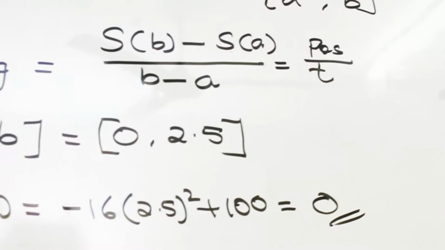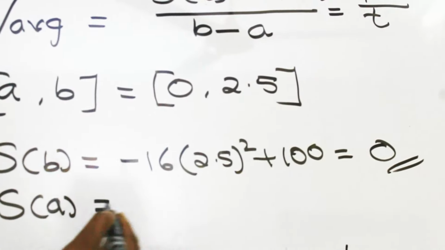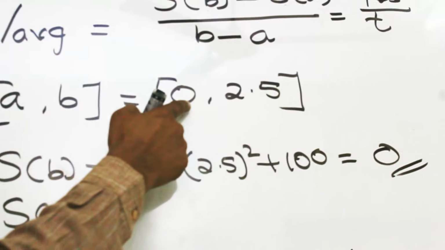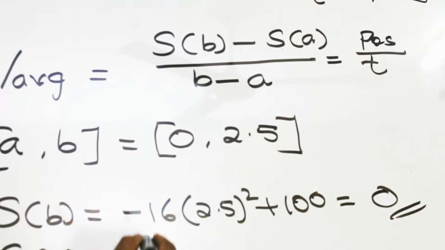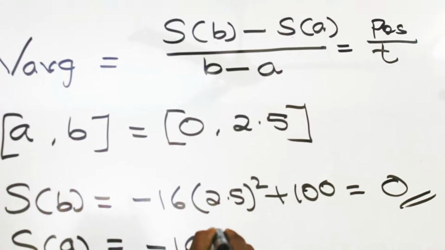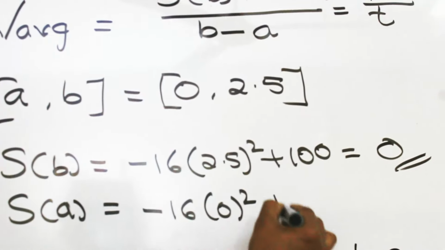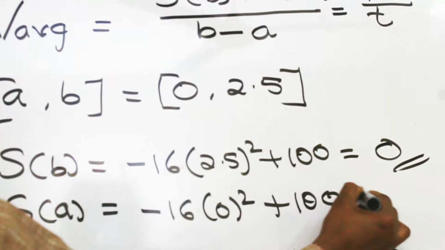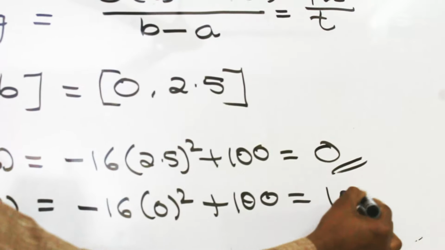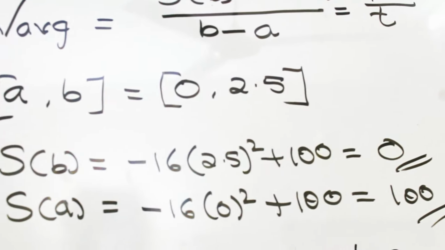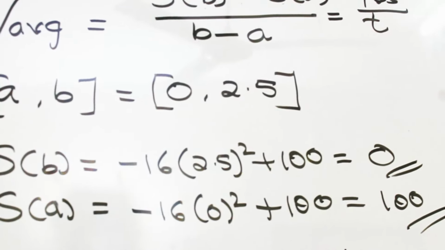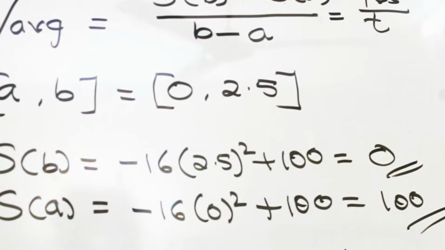And S of A, where A is 0, so I am putting t equal to 0 here: minus 16 into 0 squared plus 100, which equals 100. So we are getting S of B equal to 0 and S of A equal to 100.